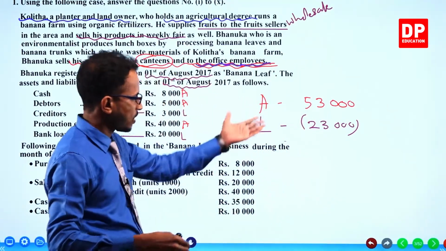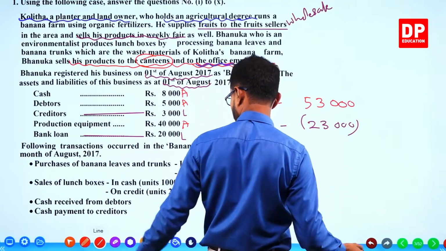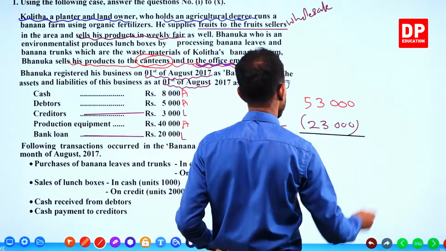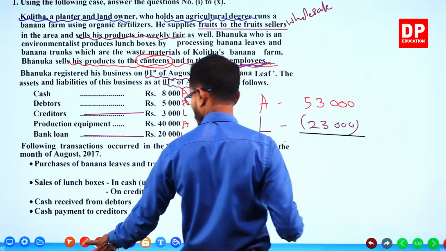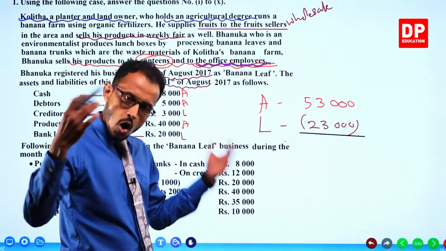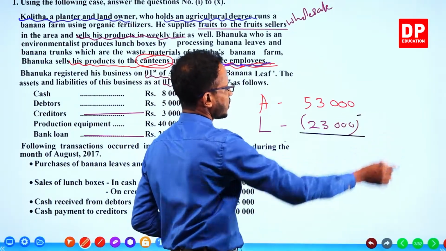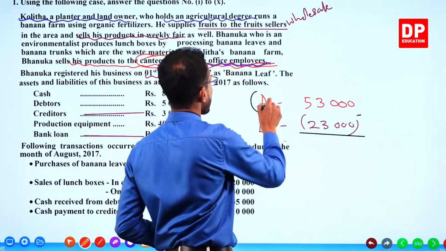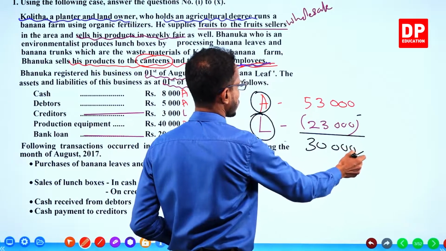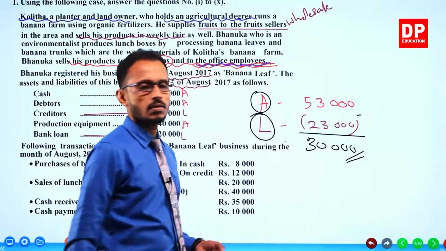Now calculate the capital. 53 plus 23. What did I say? No, 53 minus 23, assets minus liabilities. It's 30.